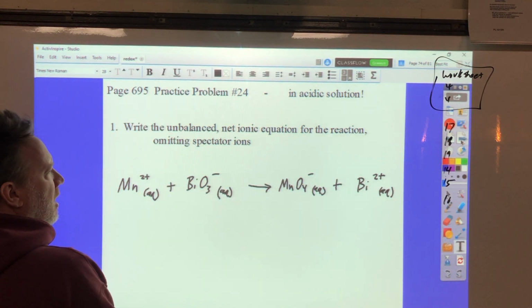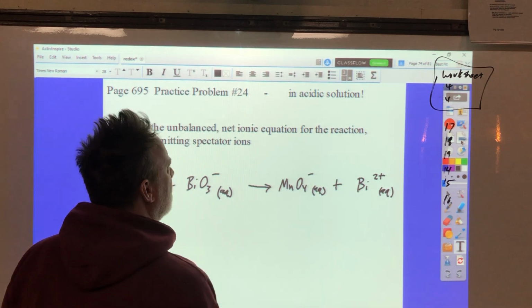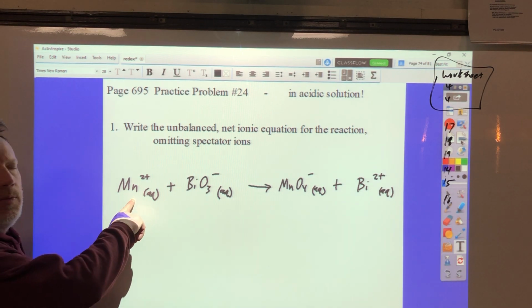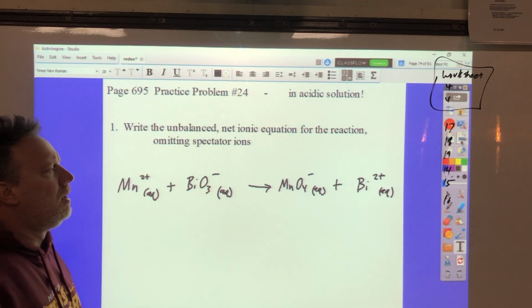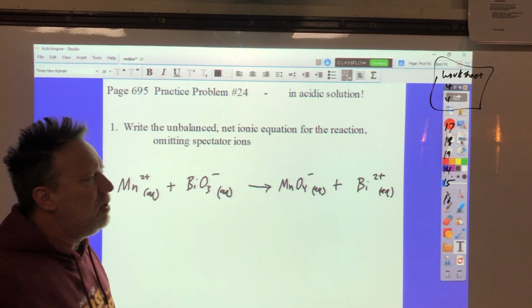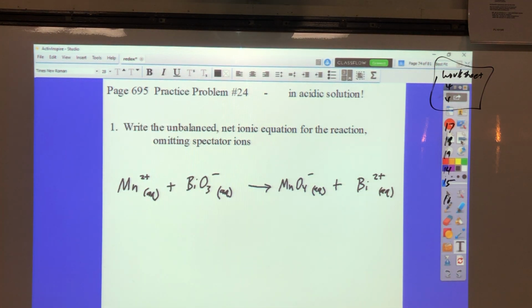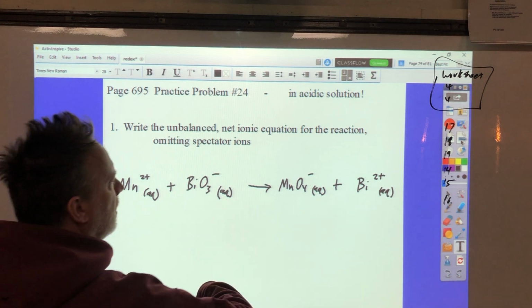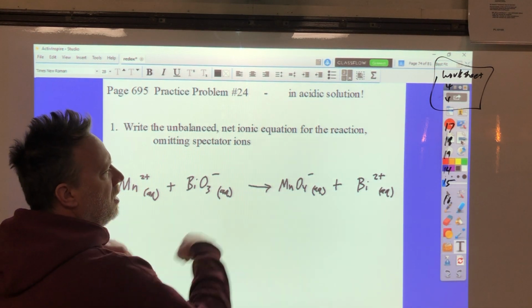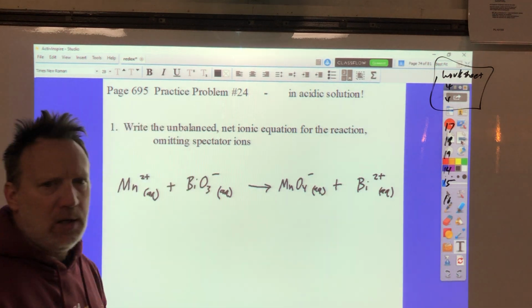It's the net ionic equation, so it just shows the things that are changing. No spectator ions. So we have a manganese 2 ion, bismuthate ion, permanganate ion, and a bismuth 2 ion. So now we're going to split those apart into an oxidation reaction and a reduction. So we're going to have these two in an equation and these two in an equation.